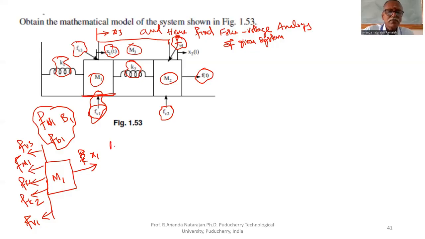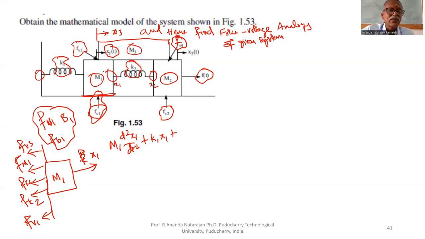Fm1 is M1 d square x1 by dt square plus Fk1, one end is fixed. Therefore, K1 x1 plus K2, both ends are free. Displacement at this end is x1, displacement at this end is x2.